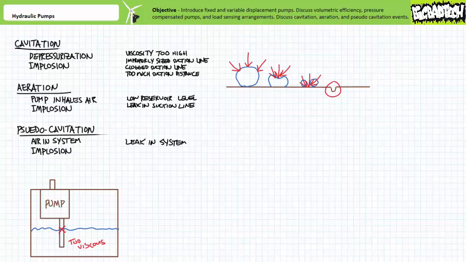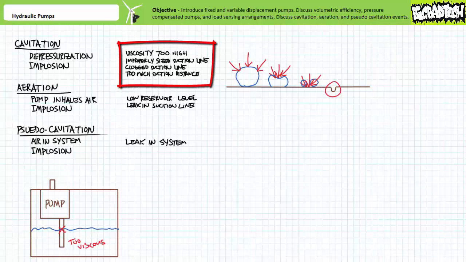Oil in the reservoir is cold and as such exhibits an unusually high viscosity and resists being drawn into the pump during the active suction phase. The pump essentially sucks up nothing but vacuum, and when vaporized oil is repressurized during the compression and exhaust phase, implodes with damaging effect. Cavitating pumps vibrate excessively, run hot, and emit a high-pitched whine every bit as annoying as a 6-year-old looking for a lost toy.